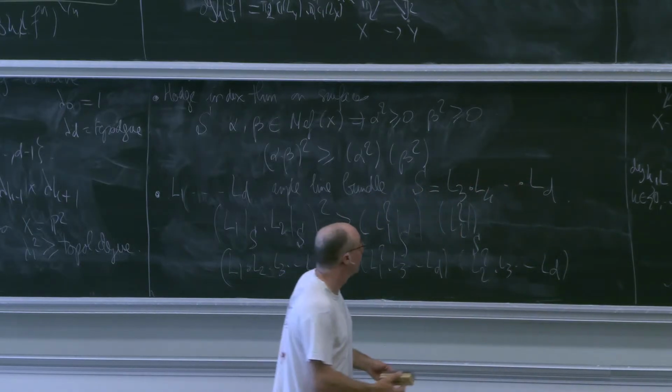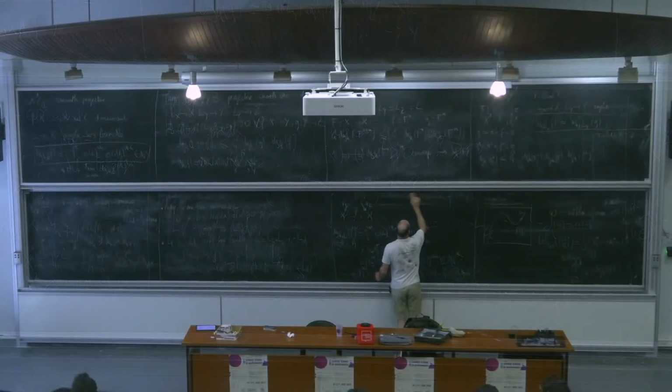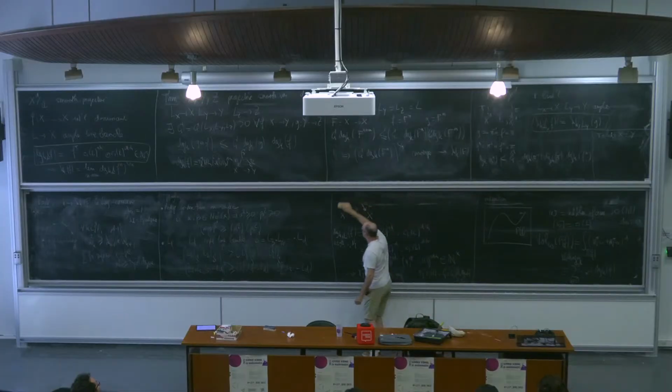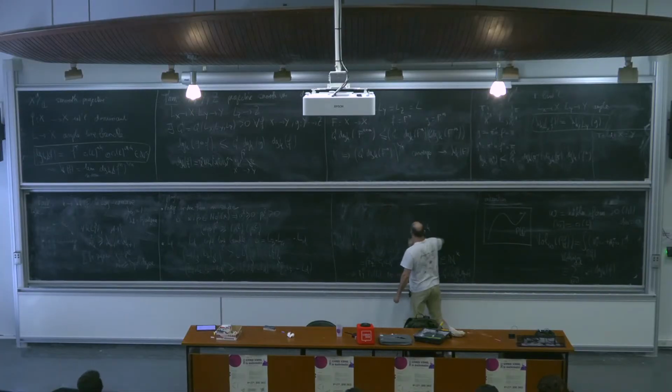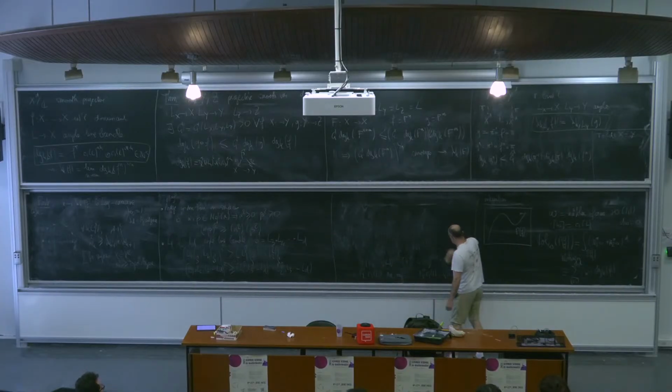And if this is true for any ample line bundles, it's also true for nef classes by continuity. Maybe I should not have erased this, too late.